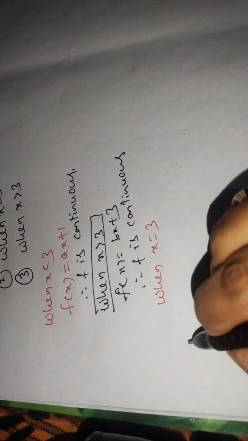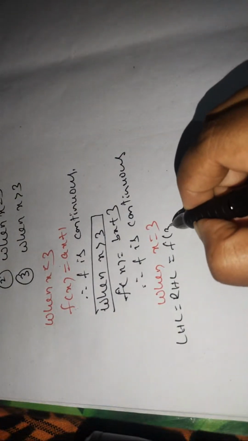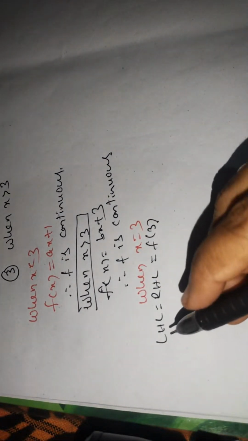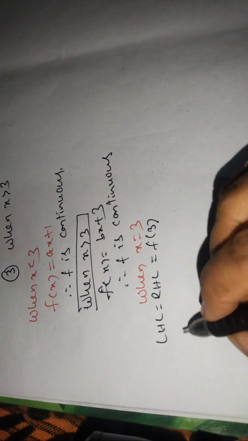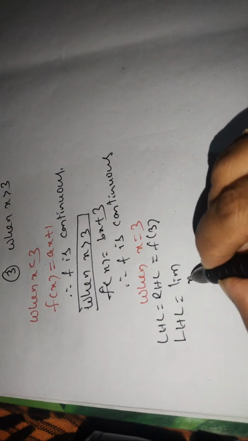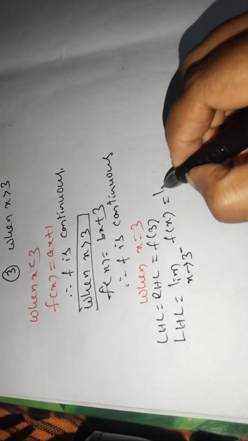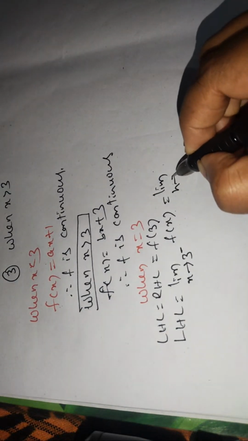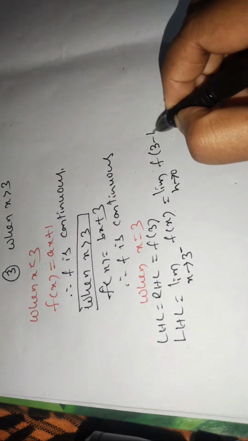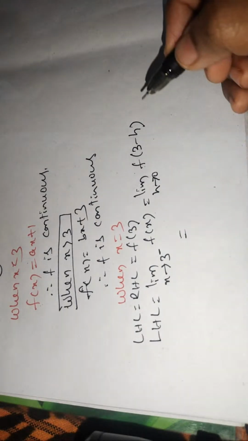When x is equal to 3, how can we write? LHL is equal to RHL is equal to f of 3. LHL: limit x tends to 3 minus f of x, so limit h tends to 0 of f of 3 minus h. 3 minus means less than 3.